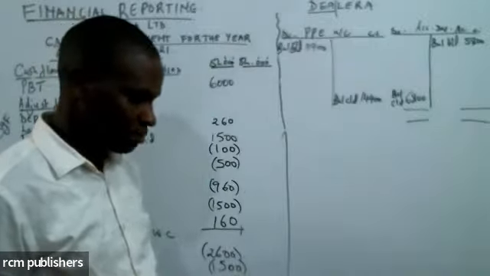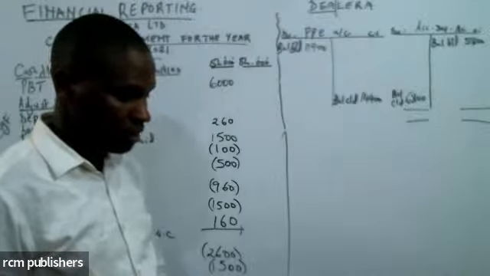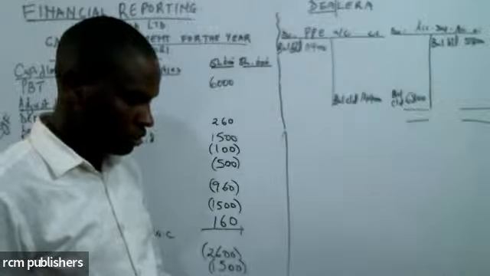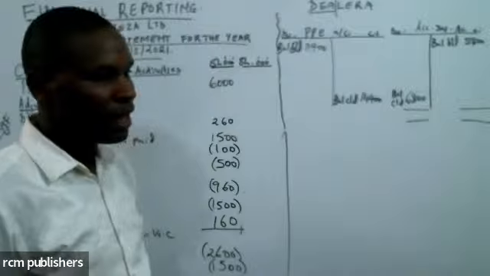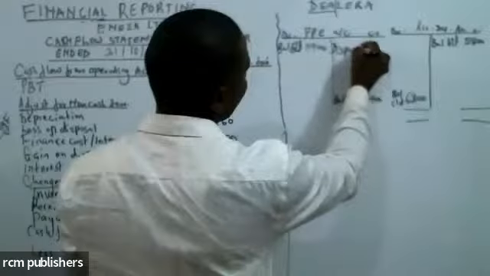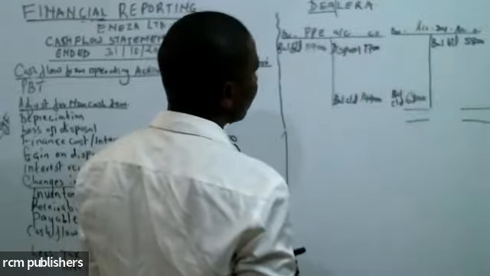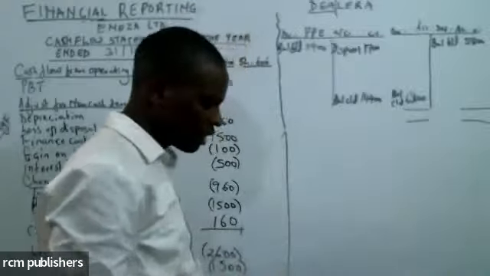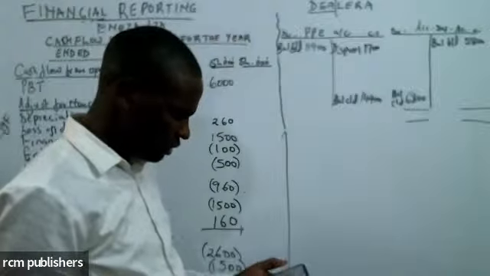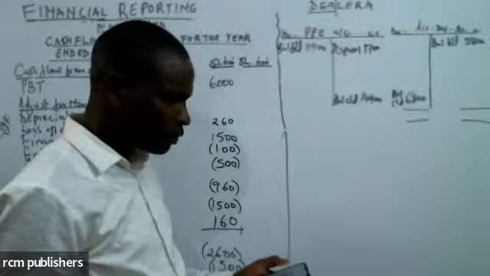So there was this disposal. 1,700, that was the disposal. And did we have anything else? Do you have anything else relating to the property, plant, and equipment? Yes, revaluation. Can you look at the equity section?